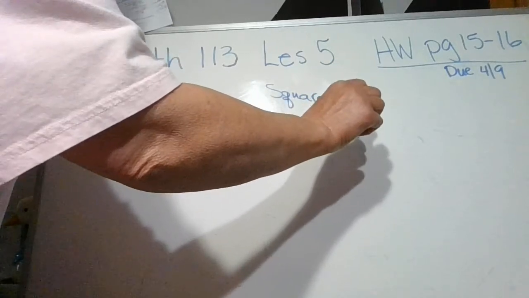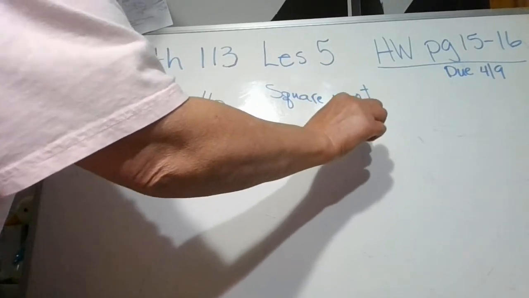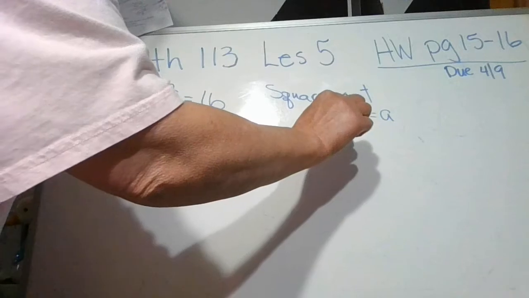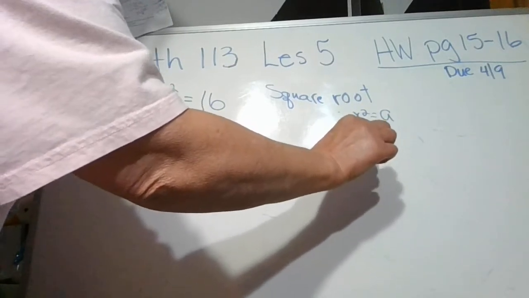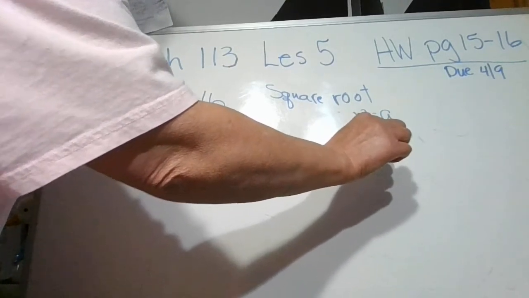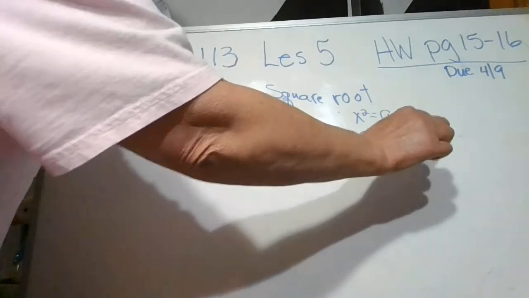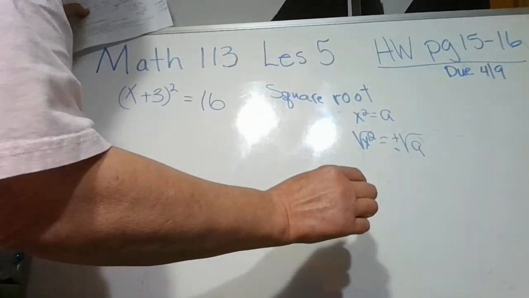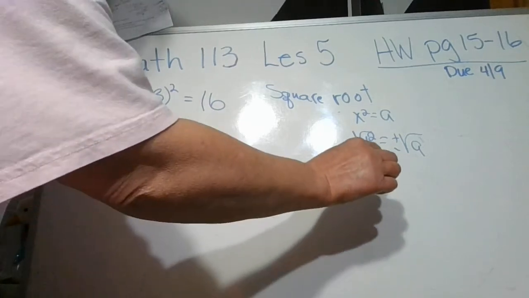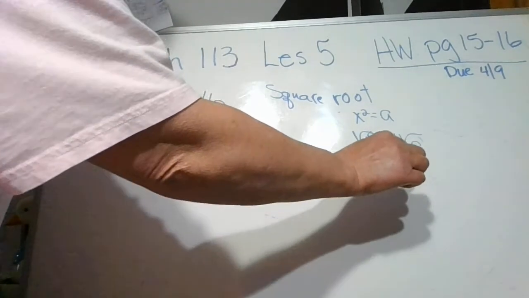It says that if x squared equals a, then the square root of x squared equals plus or minus the square root of a. And that would just be x is equal to that.